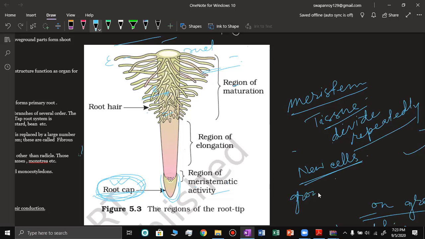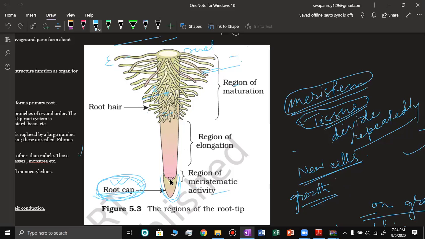The growth and development of all living multicellular organisms is by the activity of these cells which divide and produce new cells. So this meristematic cell activity adds new cells to the plant organ, so the plant grows.